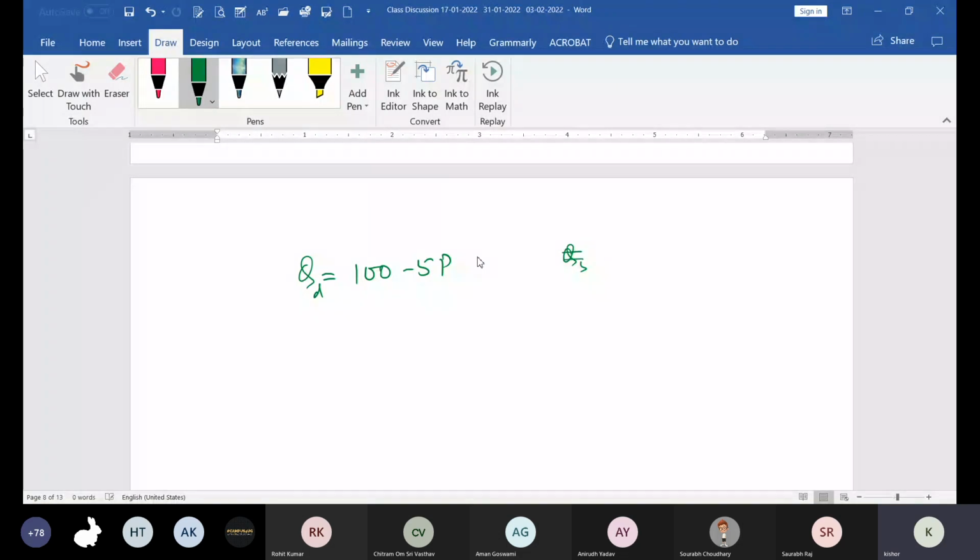Anyway, you do not need the supply information, but suppose I am asking you that at price 10, you need to calculate elasticity value, EP. Then what will you do? You will go for first order derivative, dQ by dP into P by Q, which is minus 5 into P by Q.